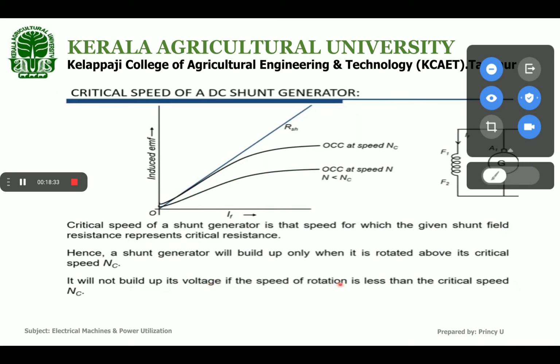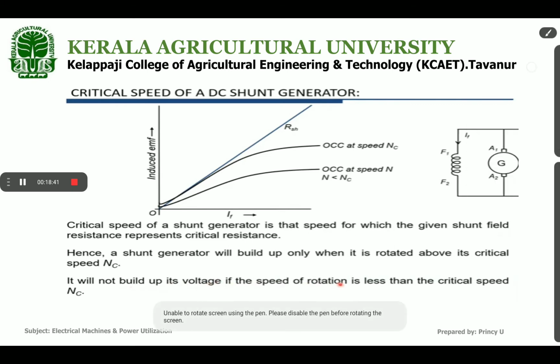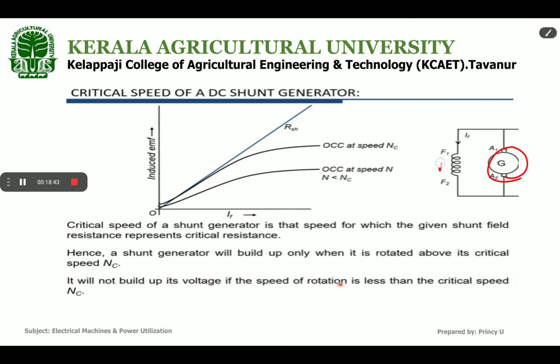Okay, so the critical speed of a shunt generator is that speed for which the given shunt field resistance represents the critical resistance. So the speed corresponding to which the resistance of a particular generator becomes the critical resistance is called the critical speed.